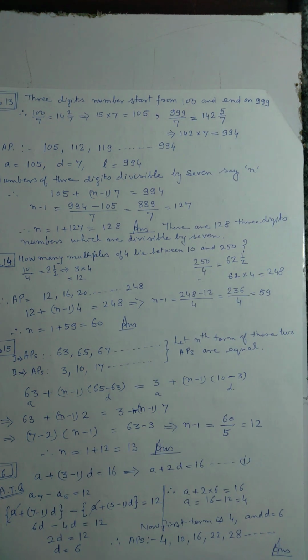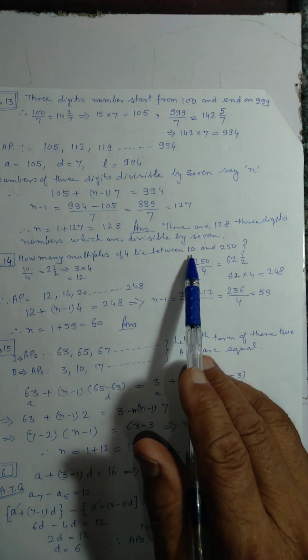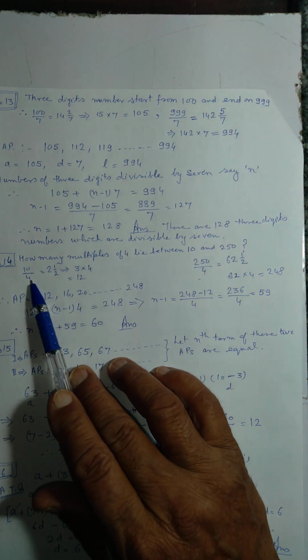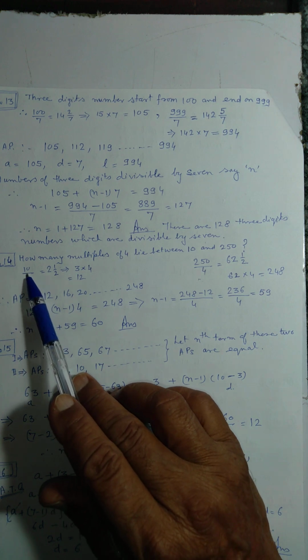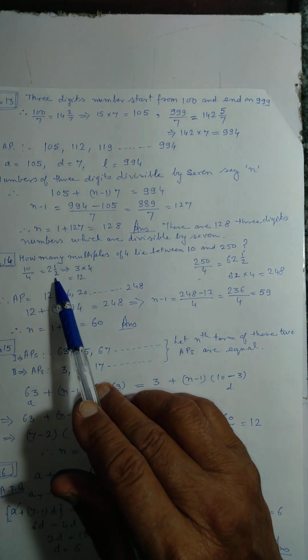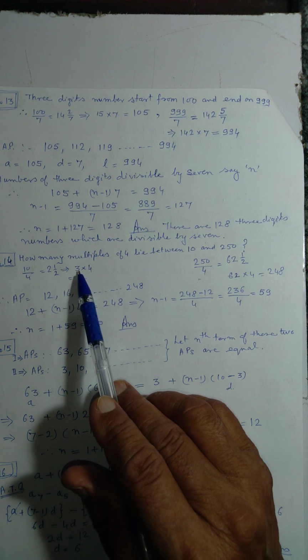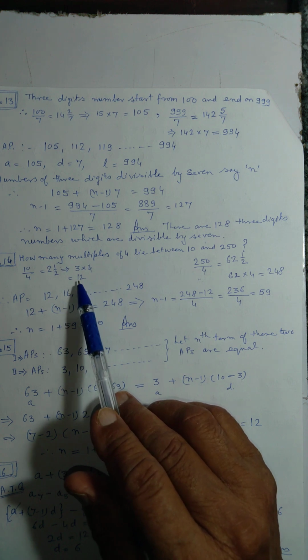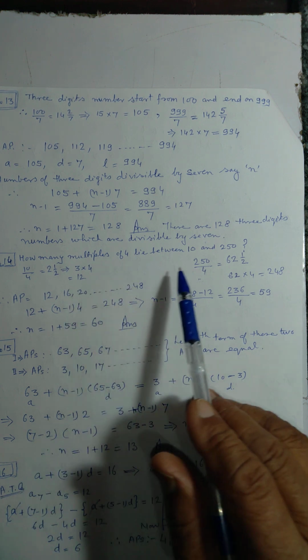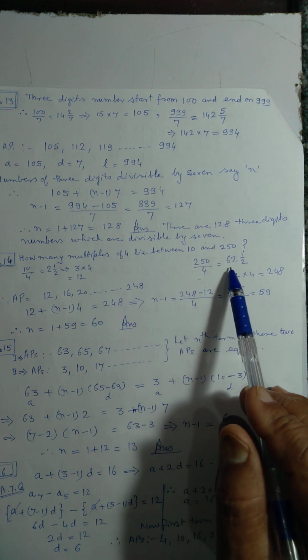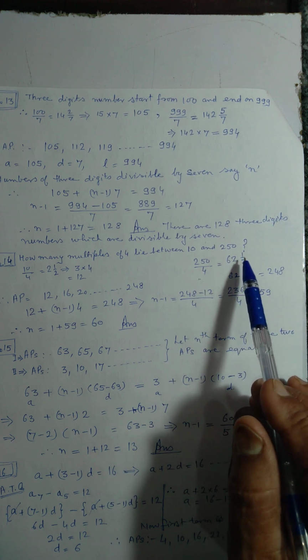Now proceed to question number 14. How many multiples of 4 lie between 10 and 250? We have to work out the number of multiples of 4 lying between 10 and 250. So again I have used the same technique, that is 10 divided by 4, that is 2 and 1 by 2. This will give you the number of multiples. Start with 3 times 4 is 12, that will be our first term. 250 divided by 4, again we get the quotient 62 and 1 by 2.